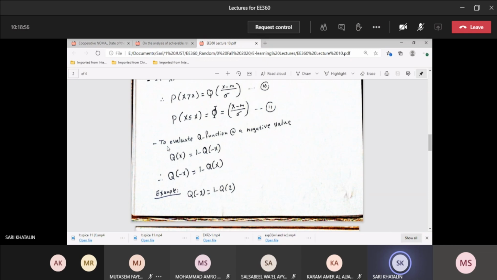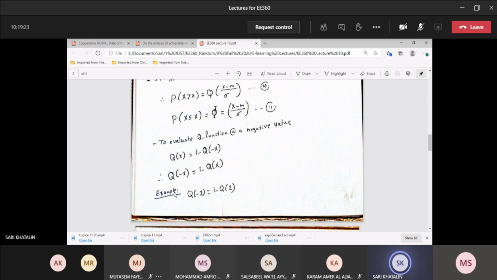Now, if we need to evaluate the Q function with negative values, let's say we are given a negative value, as you can see here, Q of minus x is equal to 1 minus Q of x. In this case, if we have a negative value, Q of minus x is basically 1 minus Q of x.